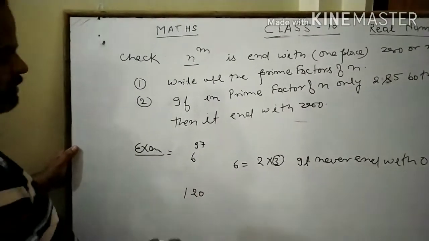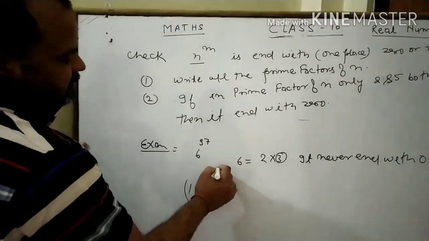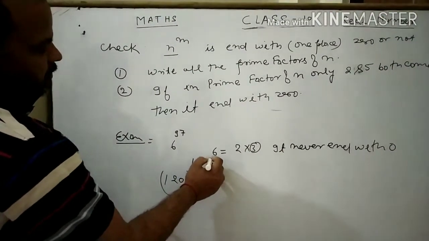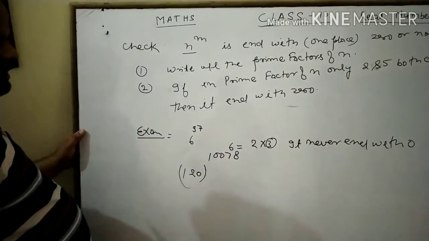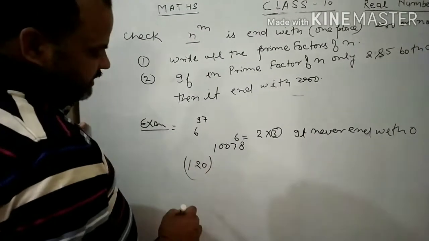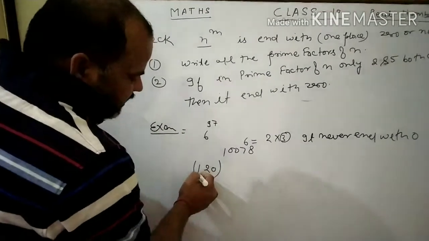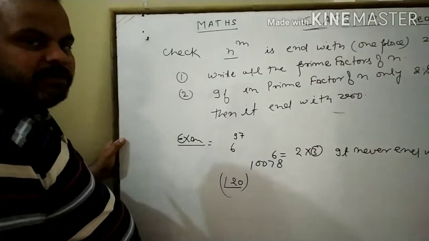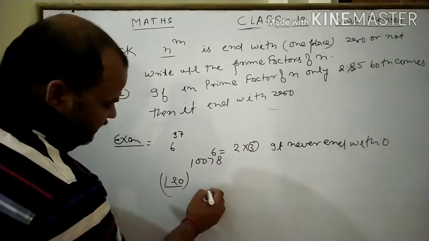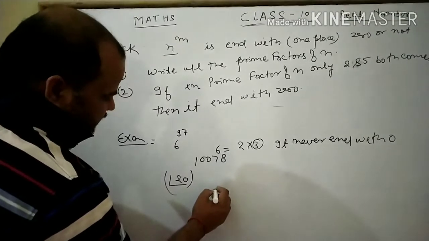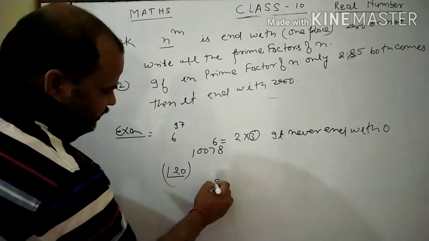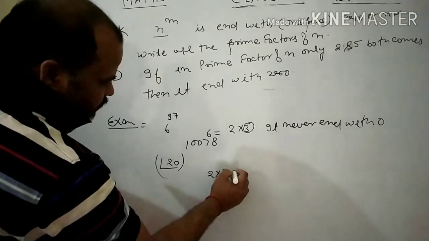In the same way, take 120 to the power 10,078. Then what can we do? We can write the prime factors of 120.